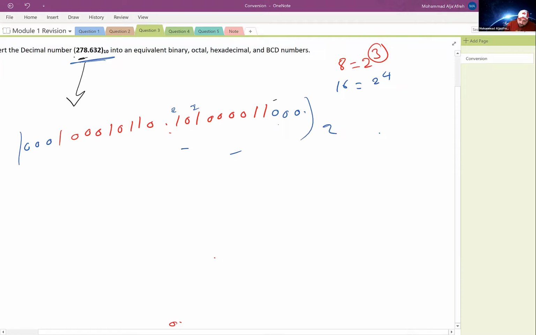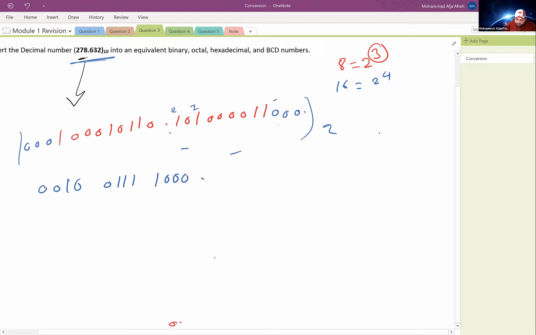So you go to this one: how the 2 can be represented in binary by using 4 bits, 0, 0, 1, 0. How the 7 can be represented in binary using 0, 1, 1, 1. How the 8 can be represented in a 4-bit binary representation, 1, 0, 0, 0.